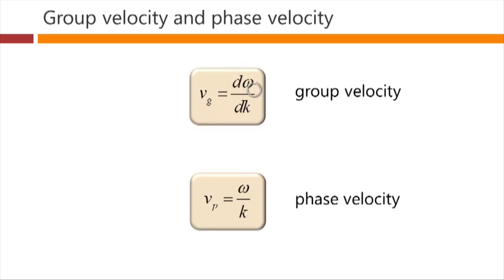So this is the group velocity, d omega by dk, and this one, which you've previously known as just the wave velocity, we'll now call the phase velocity, omega over k. So this phase velocity was the velocity of our underlying purple wave, and this was the velocity of the green envelope, the group velocity.